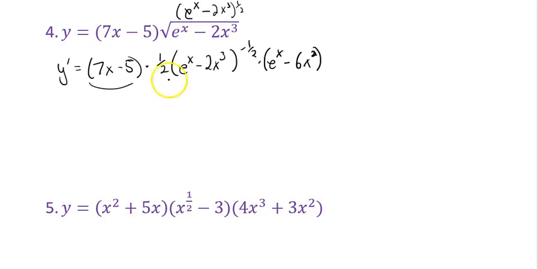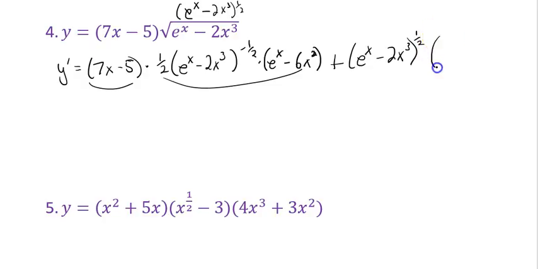So that was first derivative of the second, then plus the second times the derivative of the first, which would just be 7 in this case. So second derivative of the first.